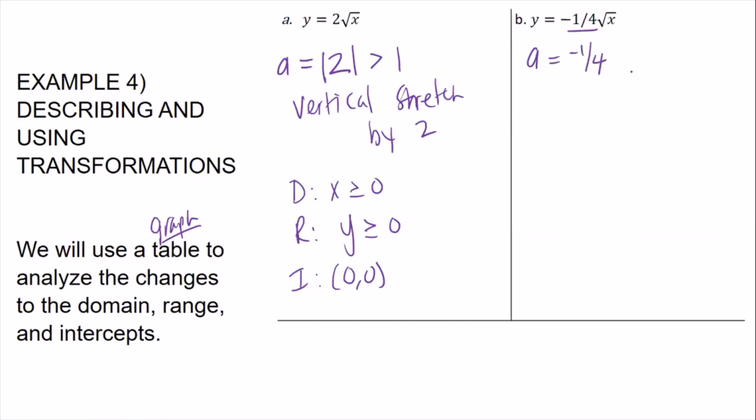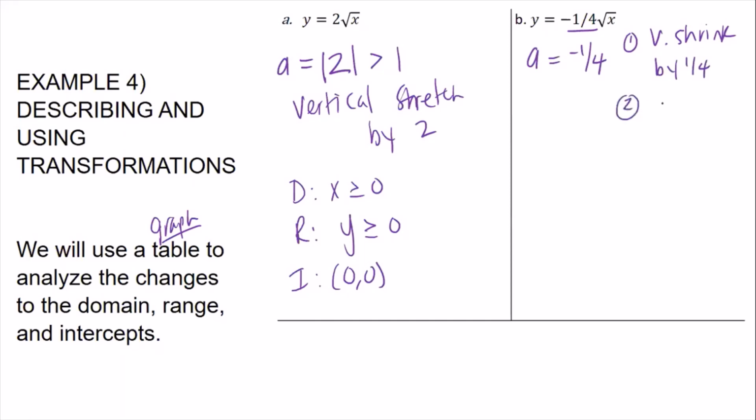A equaling negative 1/4 tells us not just one thing, but tells us 2 things. The first thing it tells us is that it's a vertical compression or shrink, whichever one you want to write. I don't feel like writing the word compression. So it's a vertical shrink by 1/4 because the absolute value of this is less than 1.